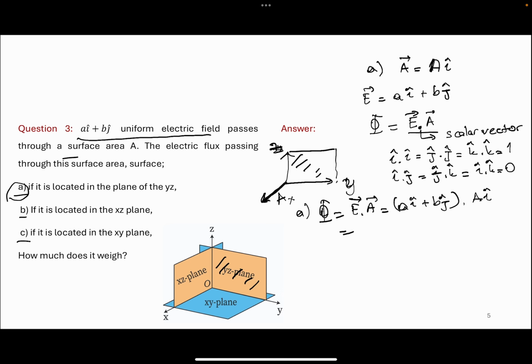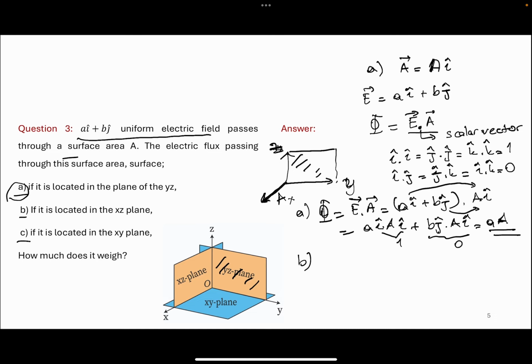So the first term is i dot i, and the second is b z times j dot i. Be careful, multiplying different unit vectors by scalar product gives 0. So your result will be i dot i, which gives 1, times the surface area, so your result is A times that component.